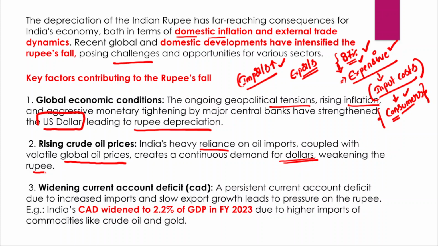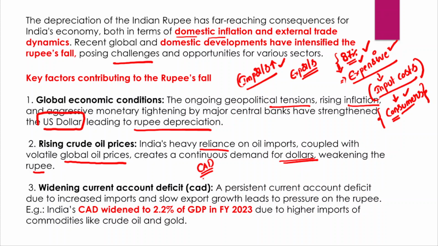And apart from that, in India, the current account deficit is also further widening, right? Current account deficit means the difference between the total exports and the imports in India. That essentially means that we are importing more compared to our exports to other countries. But China is an export driven economy. But India is not an export driven economy.